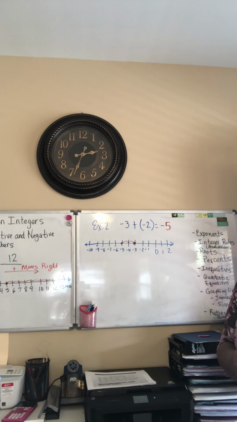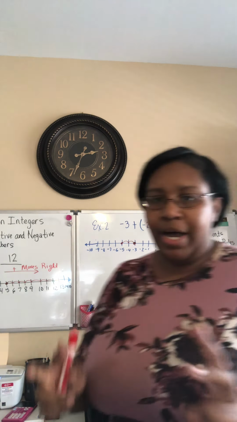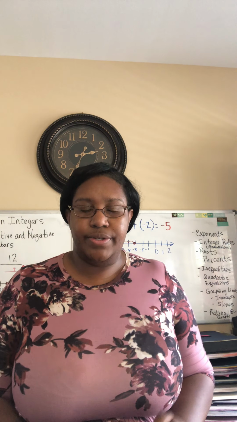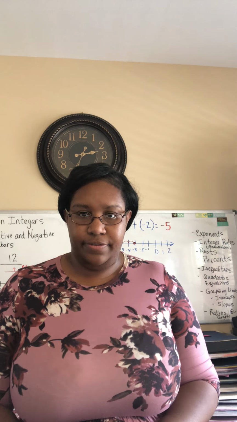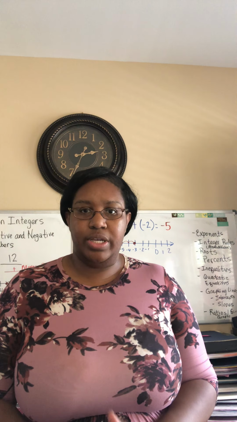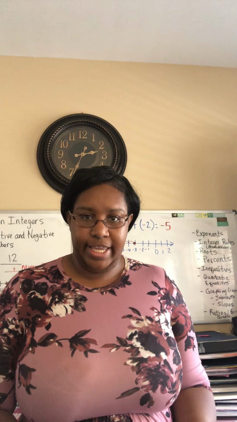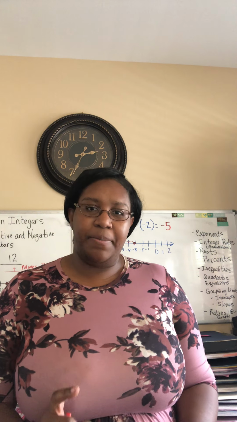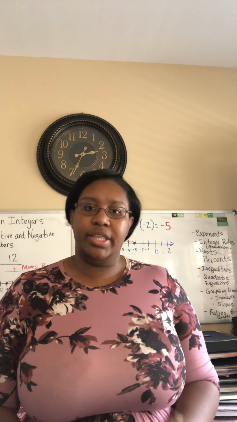So, when we add two positive numbers, the answer is always positive. When you add two negative numbers, the answer is always negative. The tricky part comes in when you're adding positive and negative numbers, and we're going to look at those and see what happens when you have to mix it up.